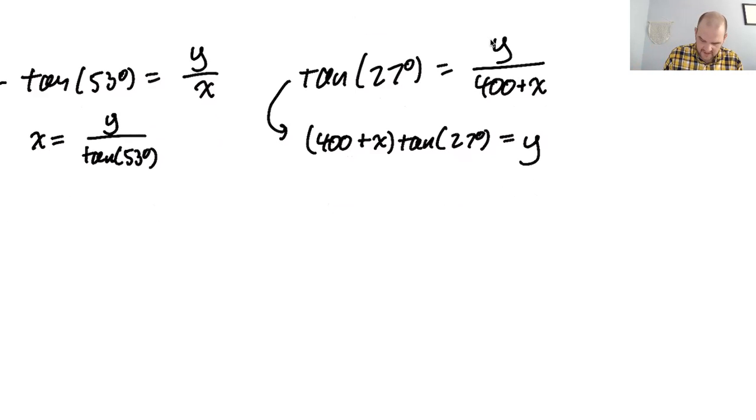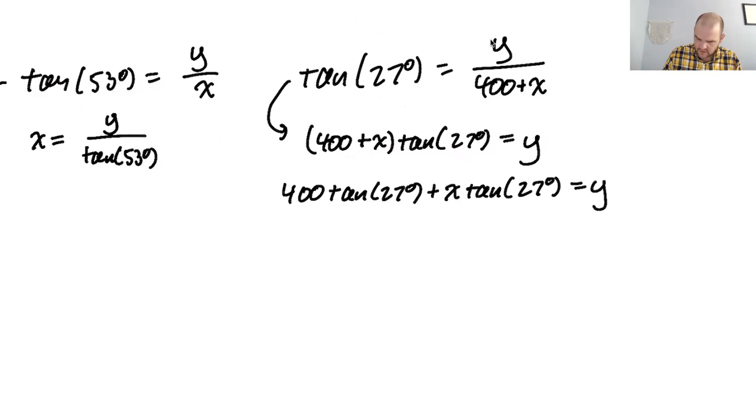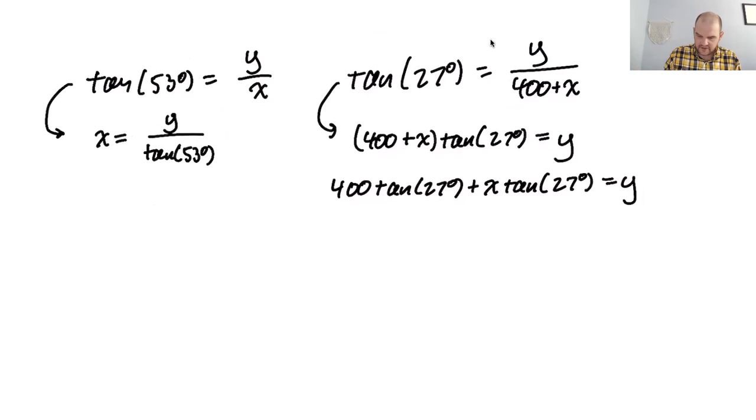So 400, just distributing, tangent of 27 plus x tangent of 27 equals y. We actually know that this x here is the same as this x. It actually has a y in it.